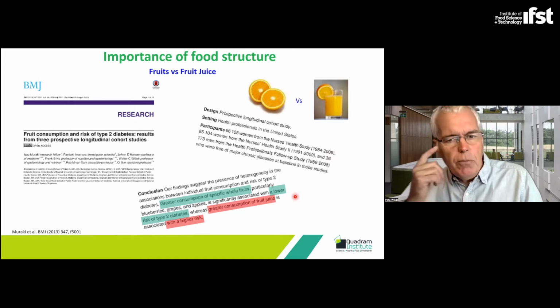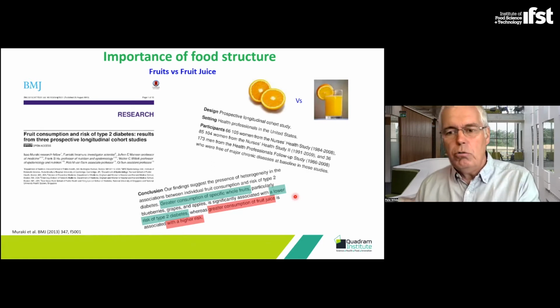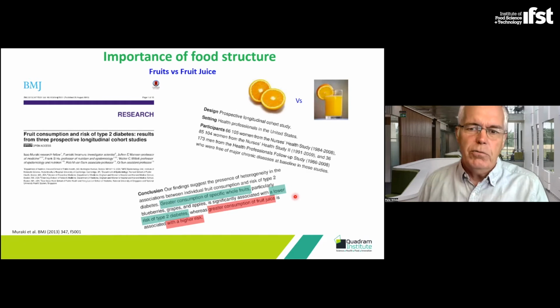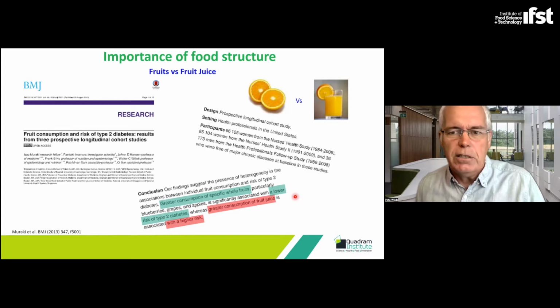There's a really good video by Kees de Graaf where he shows one of his PhD students either drinking a litre of fruit juice made from a kilo of grapes, or eating a kilo of whole grapes. And the differences in the rate of consumption and the feelings of fullness were quite amazing. I can always send a link to that if people are interested.